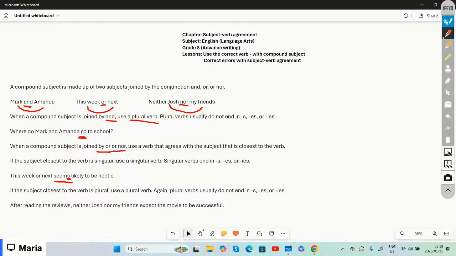And when our subject is plural, then our verb is plural, but we do not add s, es, or ies.